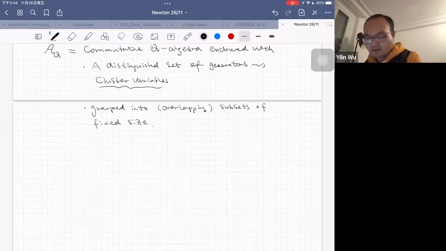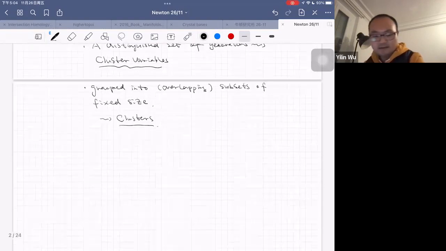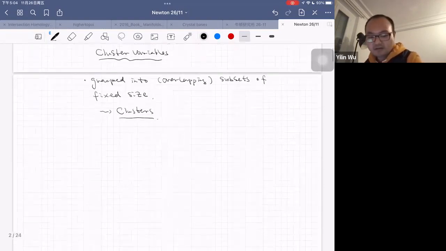Those subsets are called clusters. And then the cluster algebra is constructed recursively from the quiver Q using iterated seed mutation.